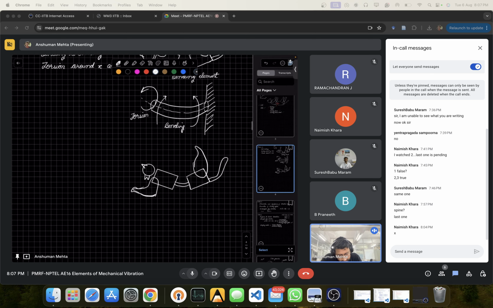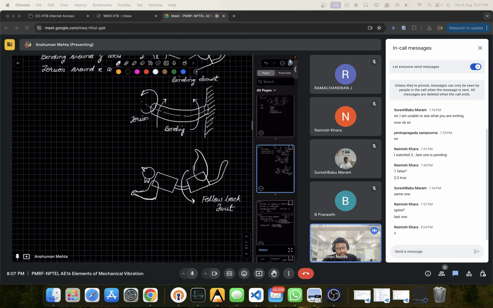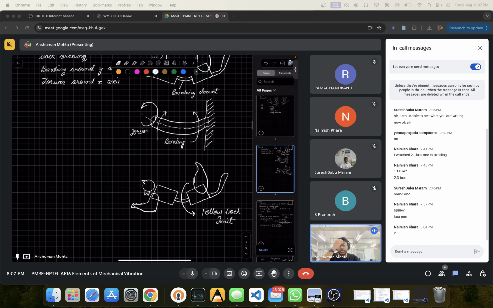And this actually gives the follow back twist. And also what is happening? The limbs are also getting extended. So axial movement.